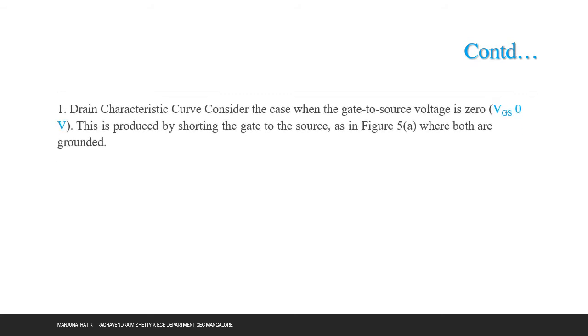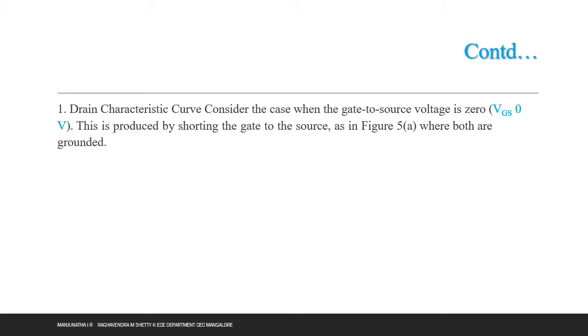Drain characteristic curve. Consider the case when the gate to source voltage is 0. This is produced by shorting the gate to the source, as observed from figure 5a, where both are grounded. So the meaning is, if we observe figure A from the previous slide, we are not giving any voltage from VGG, thus VGS is equal to 0.